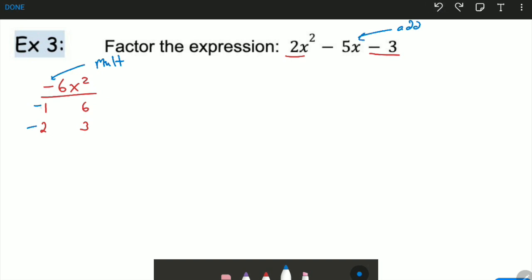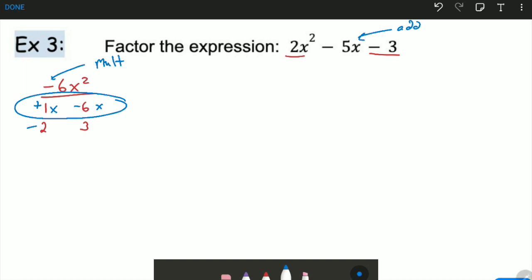If I just change which one has the sign, we should have it. +1 and -6 add up to be -5. And +1 times -6 multiplies to be -6x squared. So this is the combination I want, and just like before, we're going to add an x to each of them, since they have to add up to be 5x and 6x squared.